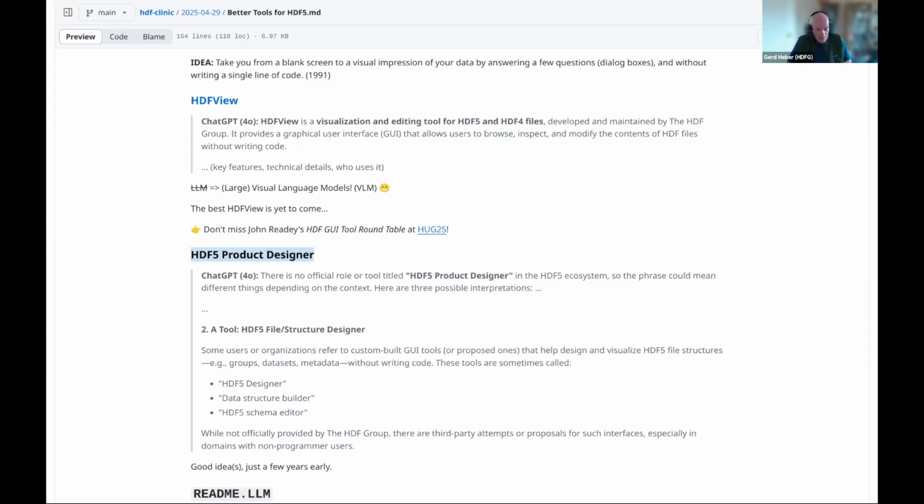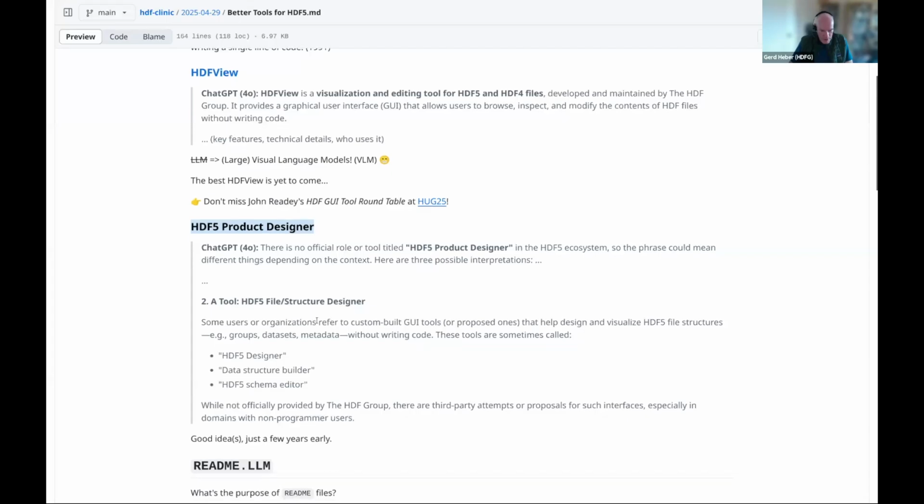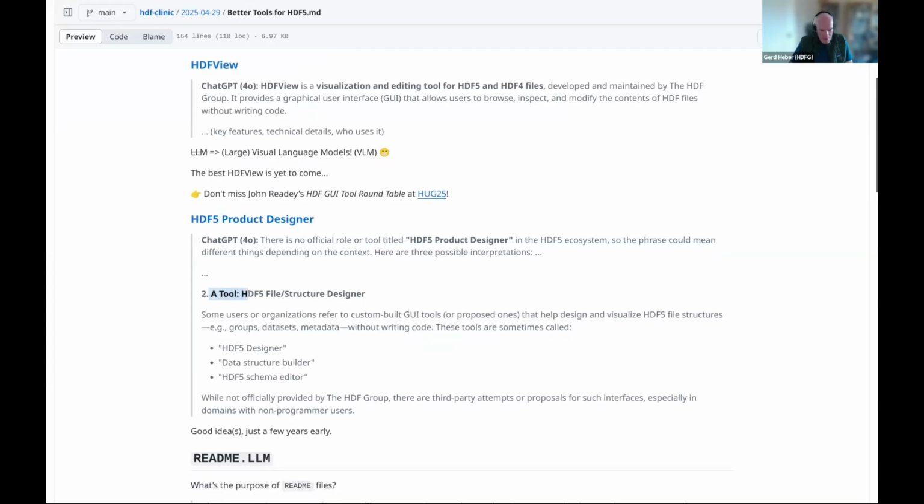But interestingly enough, to its credit, it picks up on the context that I had in mind, which is a tool that would let you design data products, the profile, the layout as groups and data sets decorated with attributes and so forth. That's certainly the context that I had in mind.